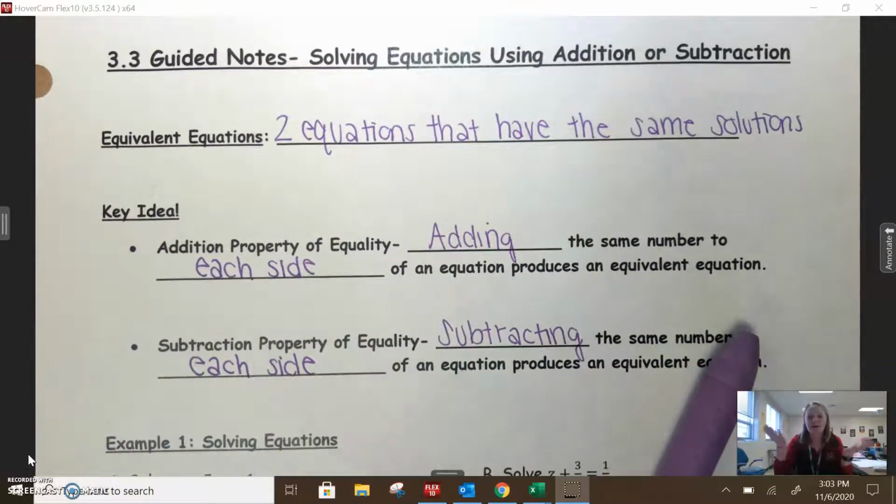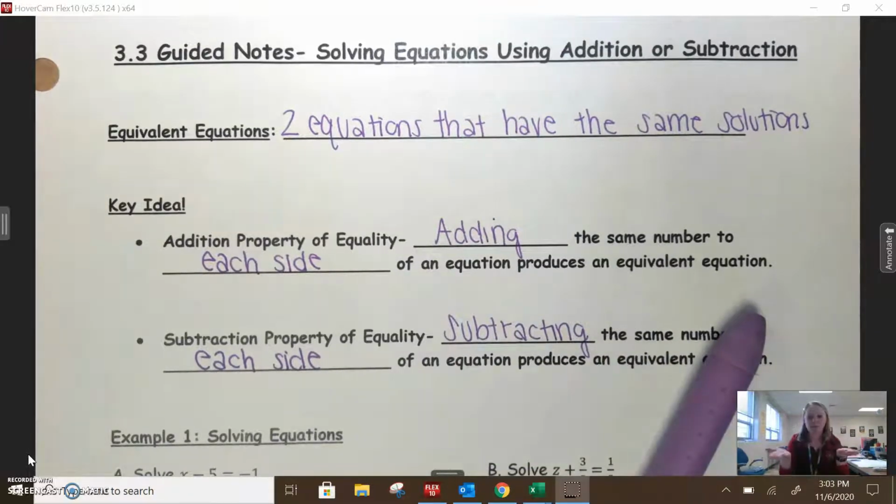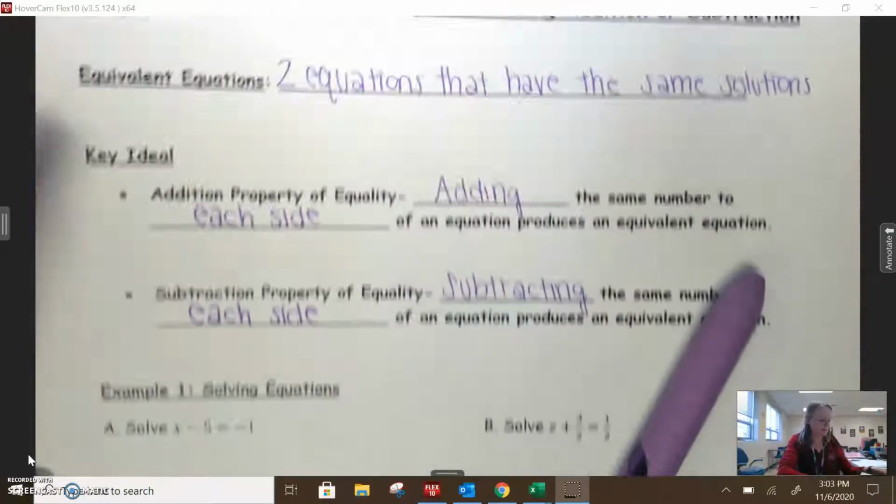If you have a balance and I add 5 pounds to one side, it would go down. However, if I add 5 pounds to the other side, they'd even back out with each other. And this could be the same thing with subtraction. Even if I take 5 pounds off of one side and 5 pounds off the other one, they'll be equal again. So we're really just balancing an equation out today.